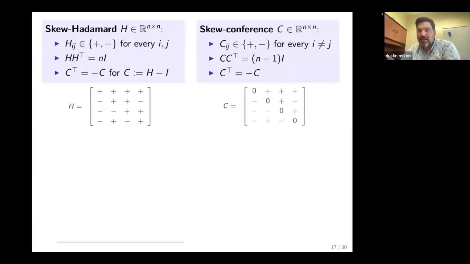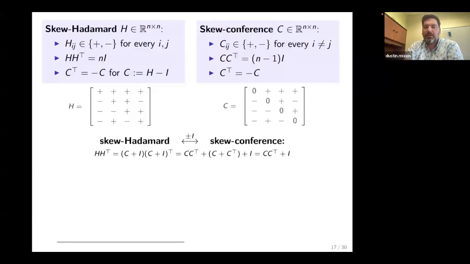Is it? And yeah, it is. In fact, you look at the inner products between any two columns, it'll be orthogonal. In fact, these are called skew Hadamard matrices because except for the diagonal, they are skew symmetric. And skew Hadamard matrices are in one-to-one correspondence with skew conference matrices.